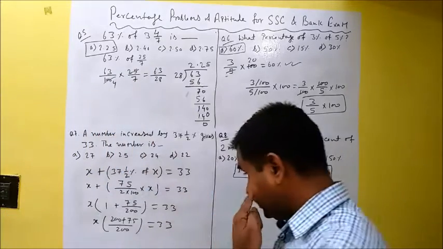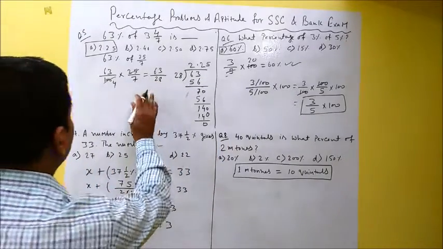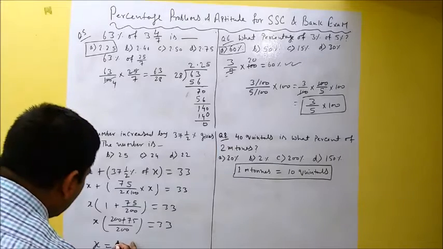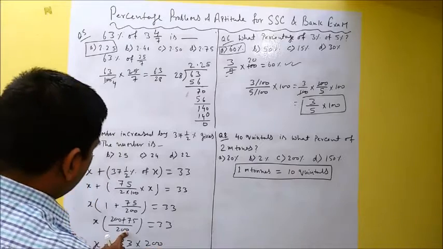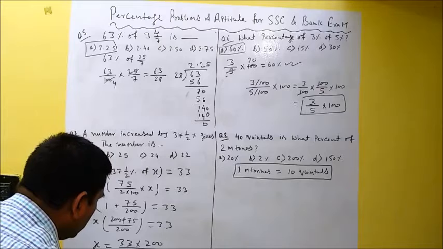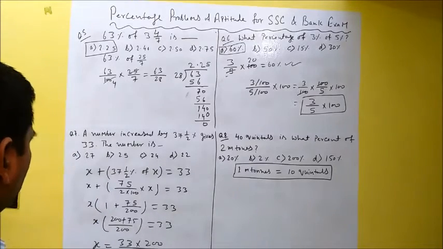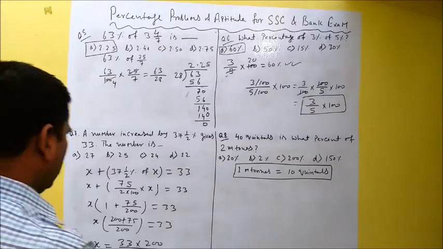Okay, so I think we need to use this space. So x is equal to 33 into 200, this 200 goes here, divided by 275. Okay, so this is the final calculation.